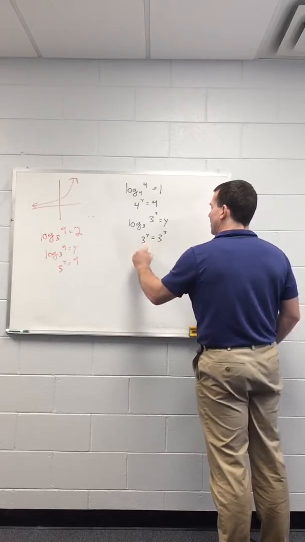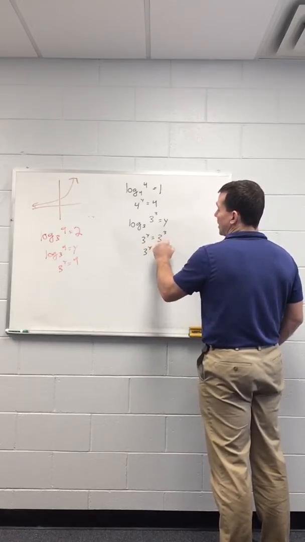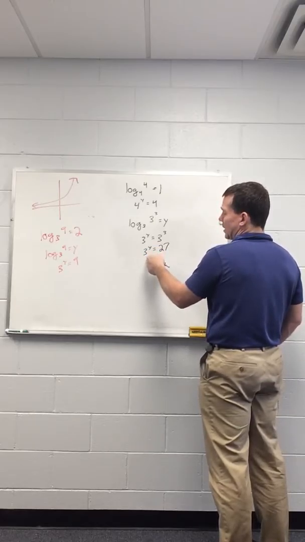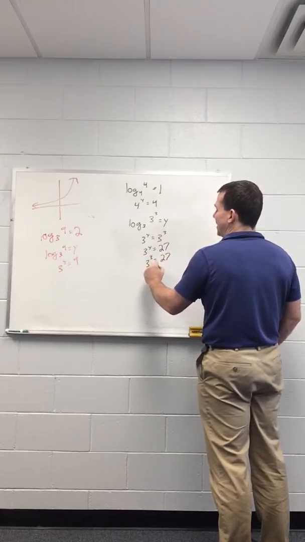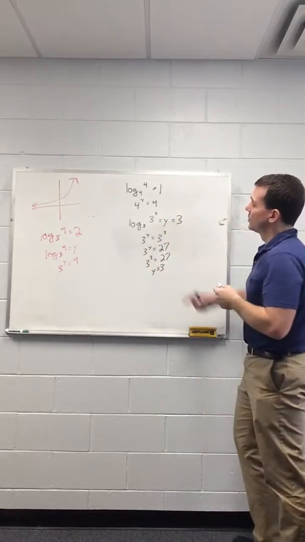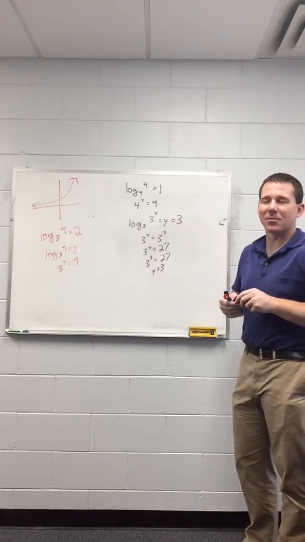Now just make sure not to get confused here. That means 3 to the y equals 3 cubed, which is 27. And then what power do you raise 3 to get 27? 3, because 3 cubed equals 27. So y has to equal 3. So log base 3 of 3 cubed equals 3. It's a whole lot of 3's there.